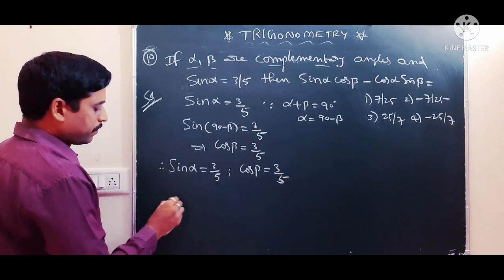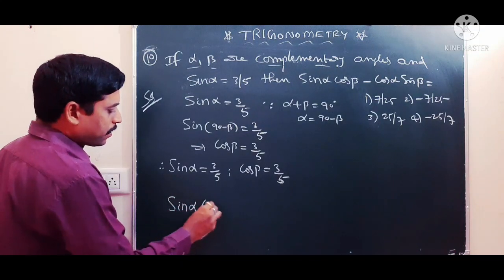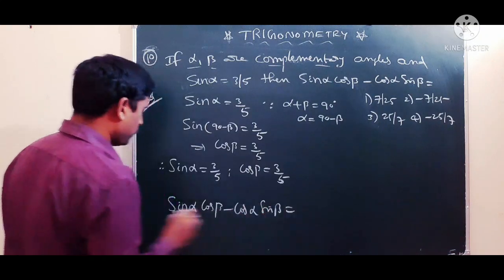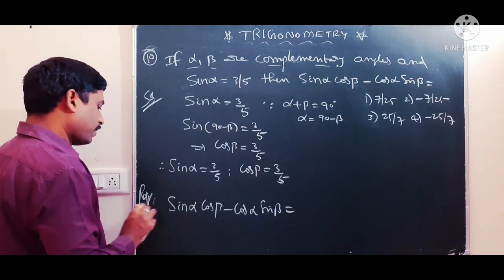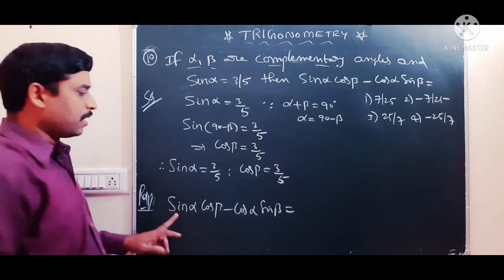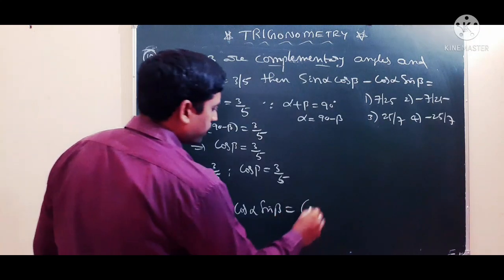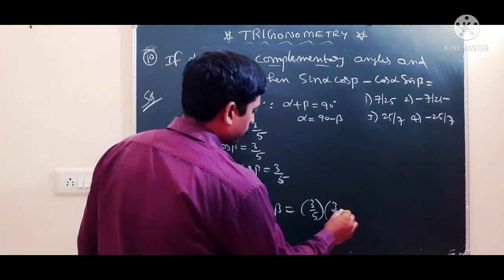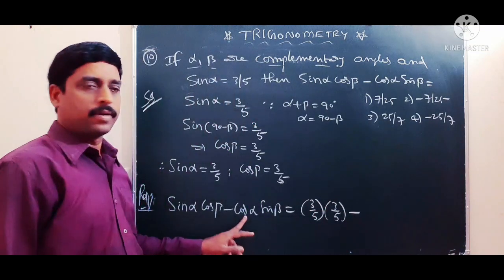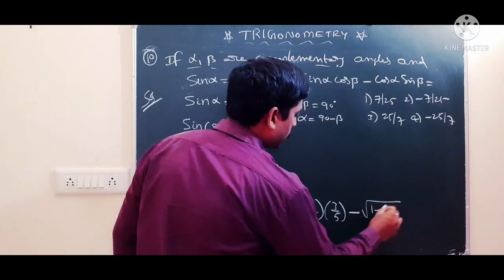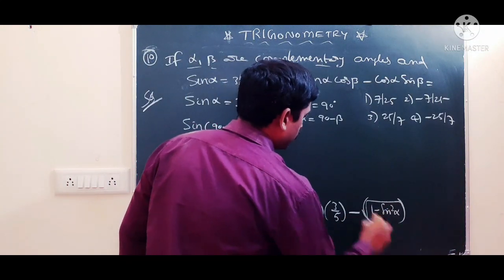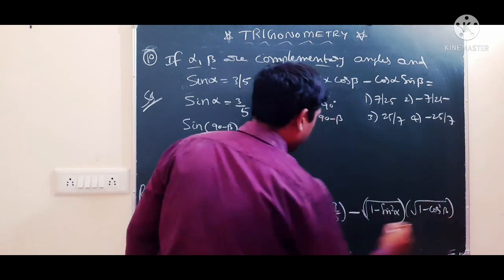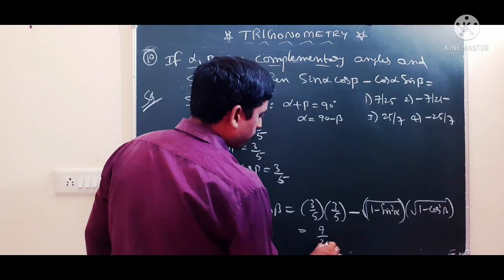So what is required? Sin alpha cos beta minus cos alpha sin beta. Sin alpha value is 3 by 5, cos beta value is 3 by 5. Cos alpha formula is root of 1 minus sin square alpha, and sin beta formula is root of 1 minus cos square beta. So 3 times 3 is 9 by 25.